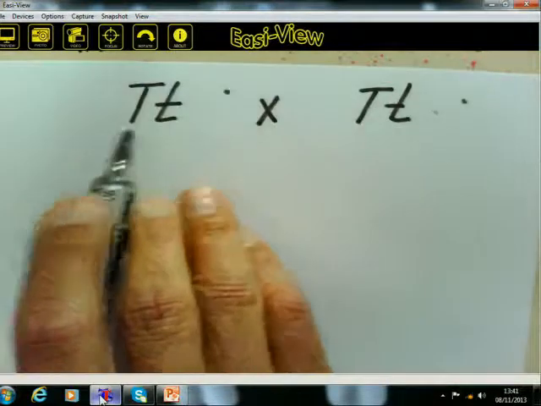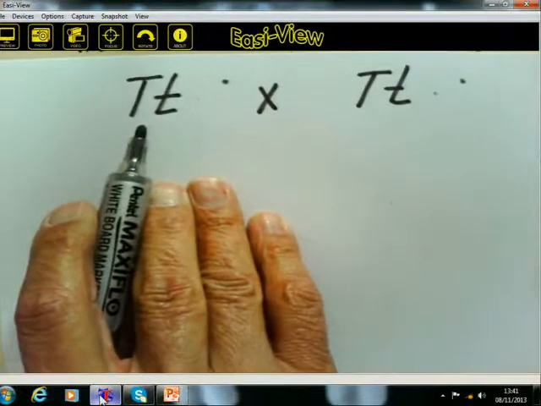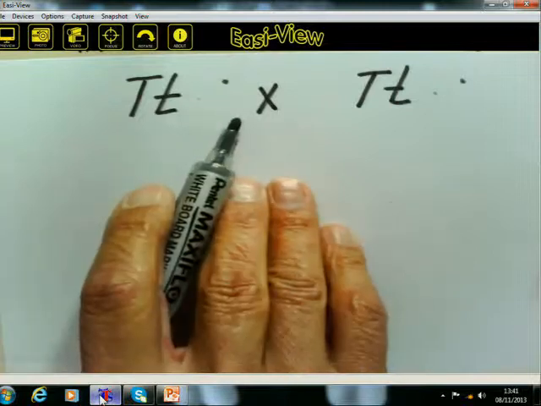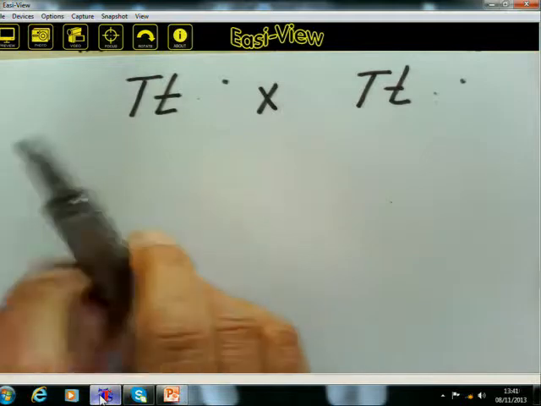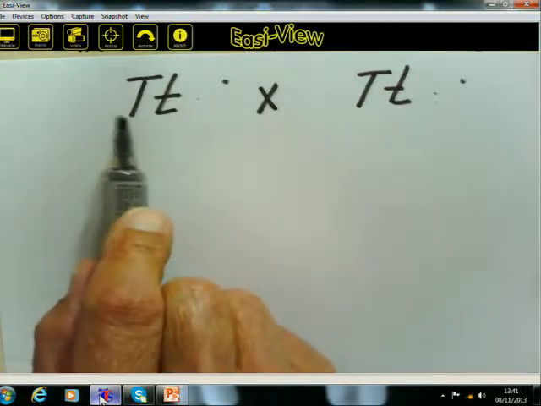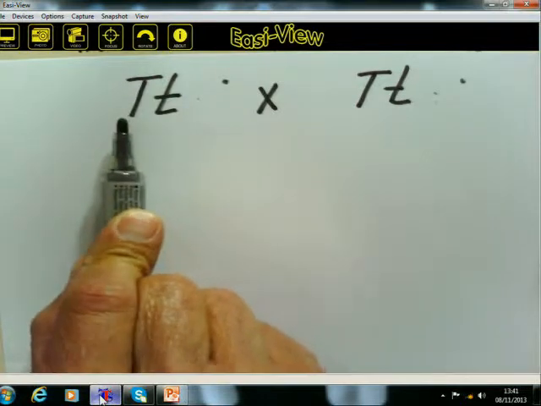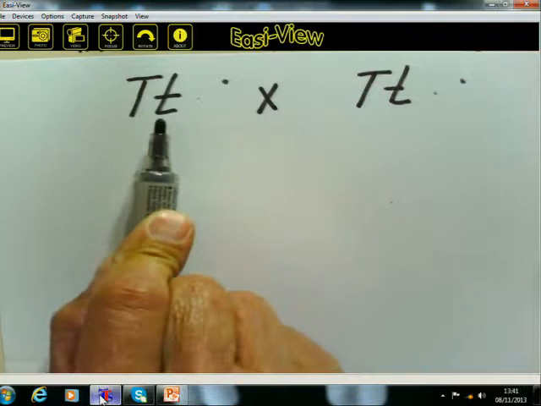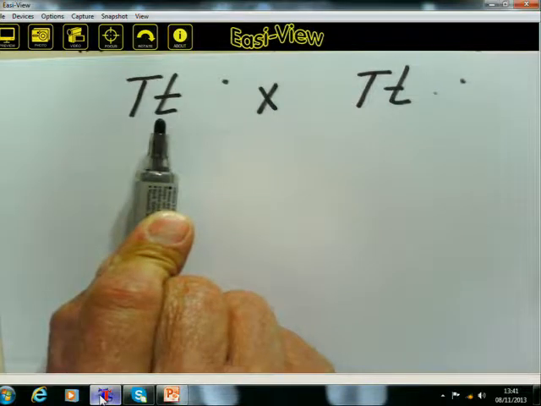Phenotypically, both these plants are tall growing plants. But genotypically, in other words, their genetic composition contains a gene for tall growing plants as well as a gene for short growing plants.